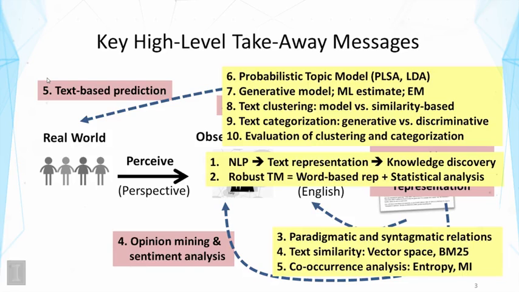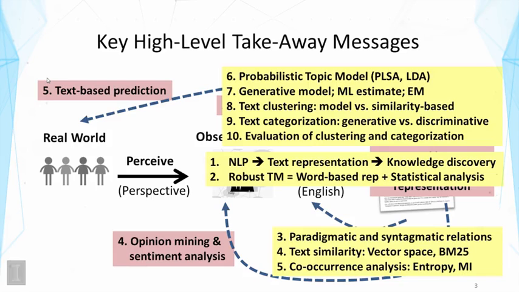One is generative classifiers. They rely on Bayes' rule to infer the conditional probability of a category given text data. In particular, we introduced naive Bayes in detail. This is a practically useful technique for a lot of text categorization tasks.